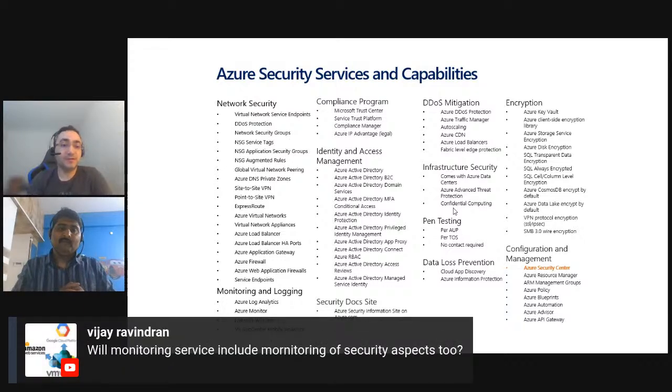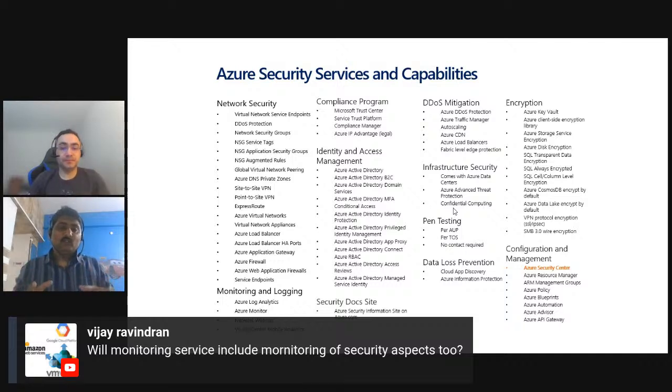He asks, will the monitoring service include monitoring of security aspects too? Azure Monitor will not do that in terms of security. There's infrastructure monitoring, but Azure Monitor will help you if you have integrated Azure Defender with it. If you integrate Azure Defender, Azure Monitor collaborates internally and will give you an alert if there are some issues or attacks.